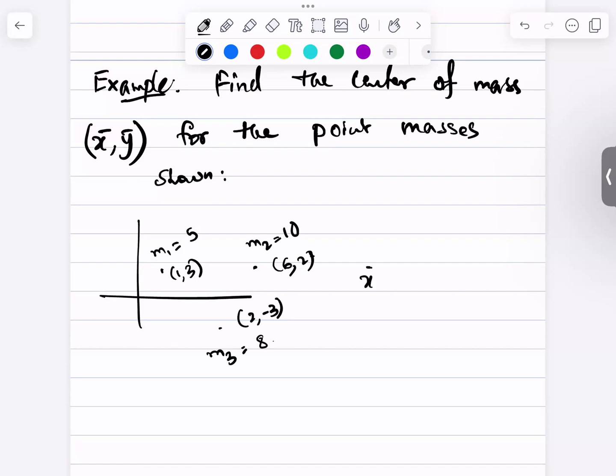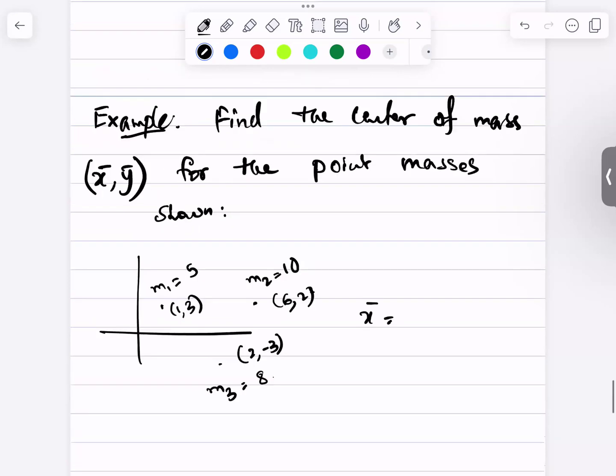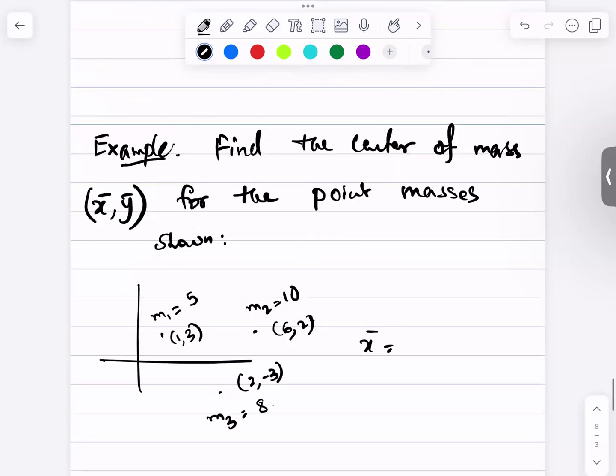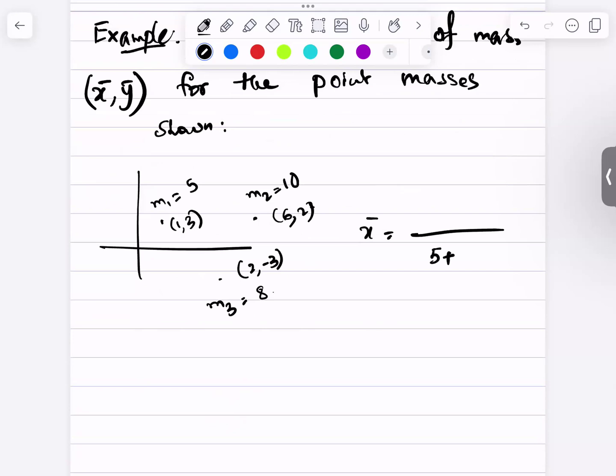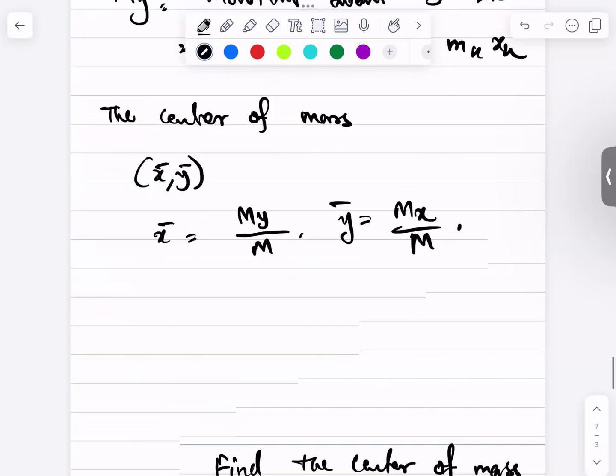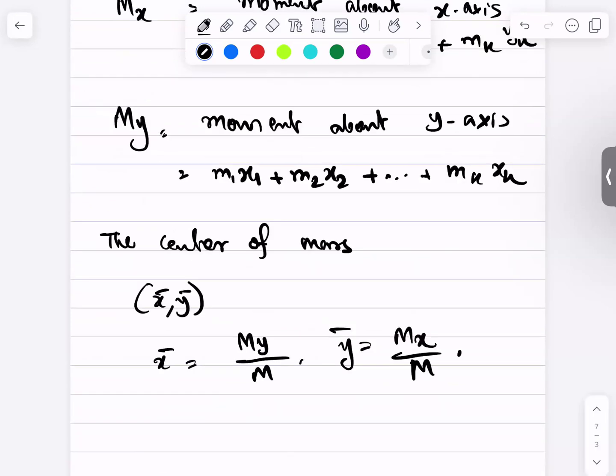Then what is x bar? So remember, x bar is My over m. M is fine, just the sum of all the masses, 5 plus 10 plus 8. What is My? My is m1 times the first coordinate of the first point plus the second mass times the first coordinate of the second point, and so on.